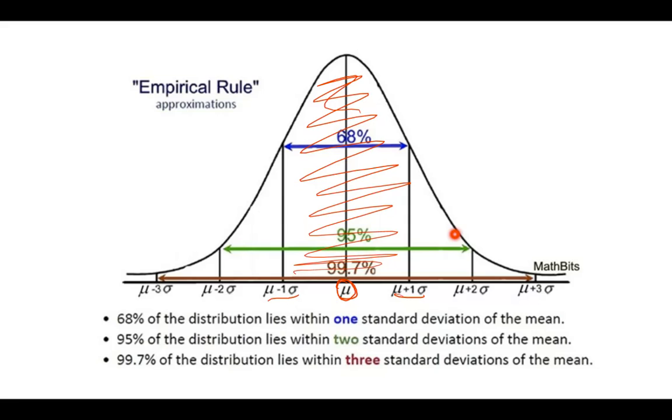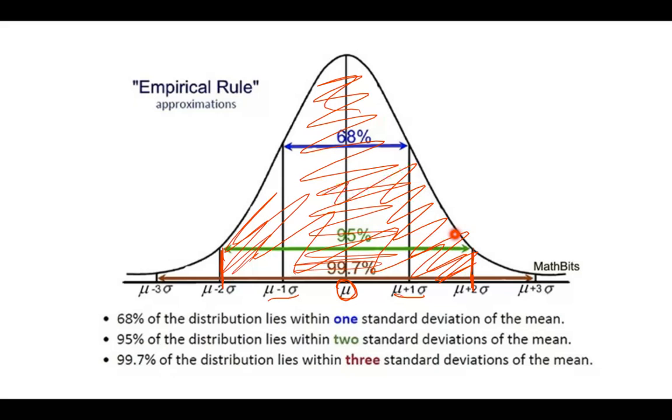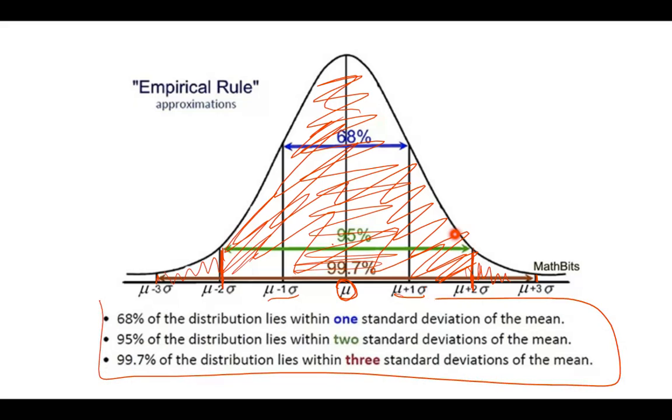If we were to add two standard deviations out to here and subtract two standard deviations out to here, we could say that 95% of the data is between these two standard deviations. And if we were to go out one further, to three standard deviations of the mean in both directions, then we could say 99.7% of the data lie within three standard deviations of the mean. So this table here is very important.